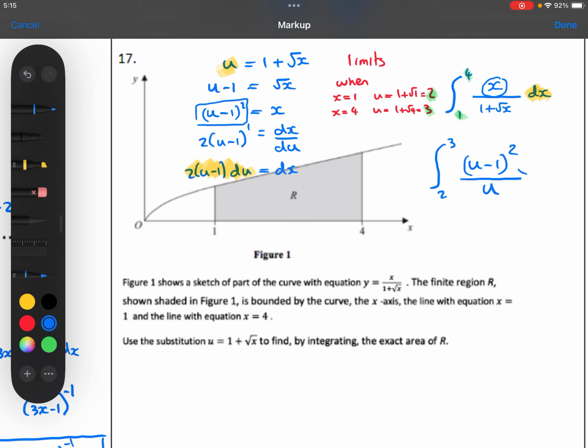And the dx has been replaced with the 2 lots of the (u minus 1) du. Right. Just simplifying everything that we have there. We've got the (u minus 1) squared times (u minus 1), which is (u minus 1) cubed. And we have 2 of those.